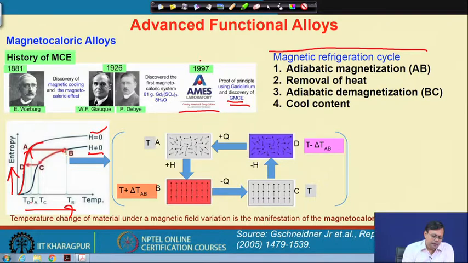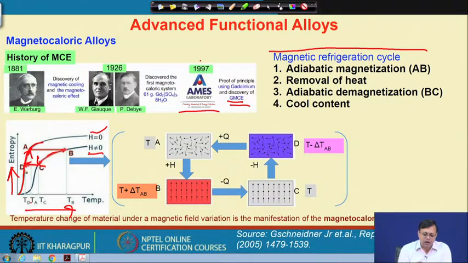Then if we simply extract the heat and reduce the temperature, we will come here, and if we withdraw the magnetic field, it will go to point D, and then the material will be heated and so on, so we have a closed cycle, a Carnot type of cycle.